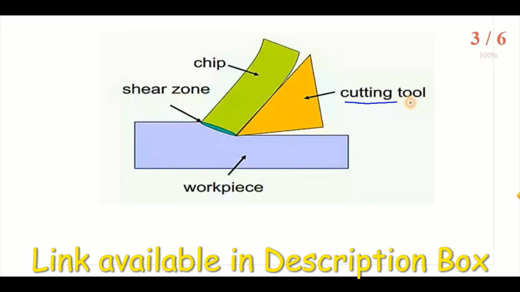when we apply the force by using the cutting tool on the workpiece surface, at the shear zone we get plastic deformation, and due to that plastic deformation the chips are formed, which flow along the rake face of the tool. Now at this shear zone, at this shear plane, we have the force Fs, which acts along this shear plane.